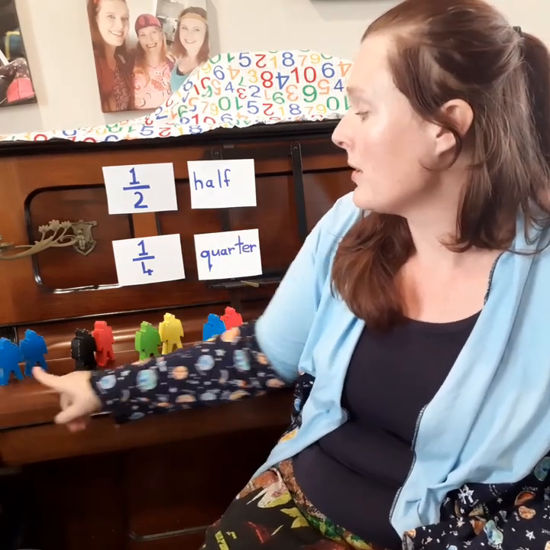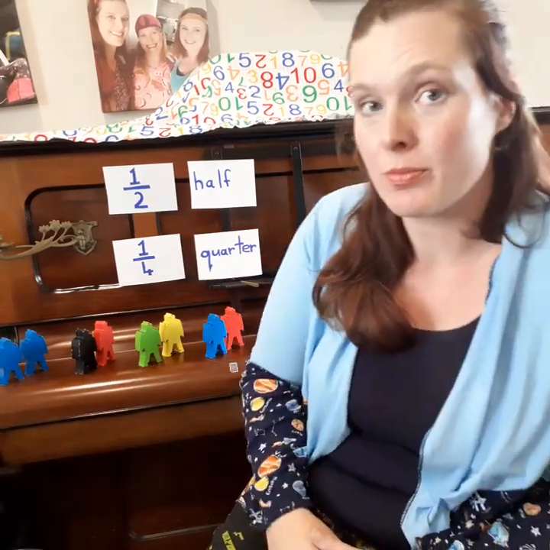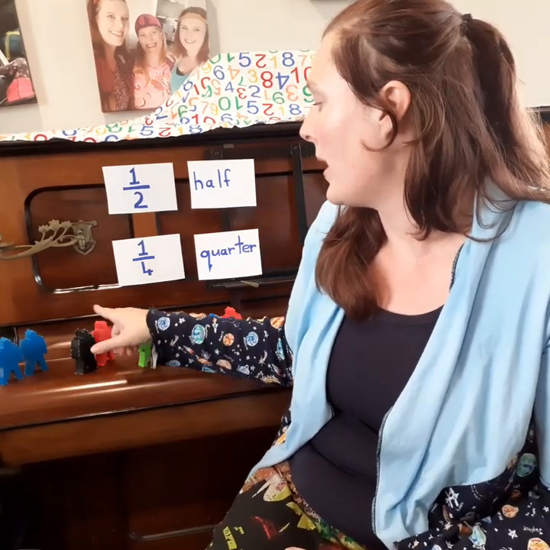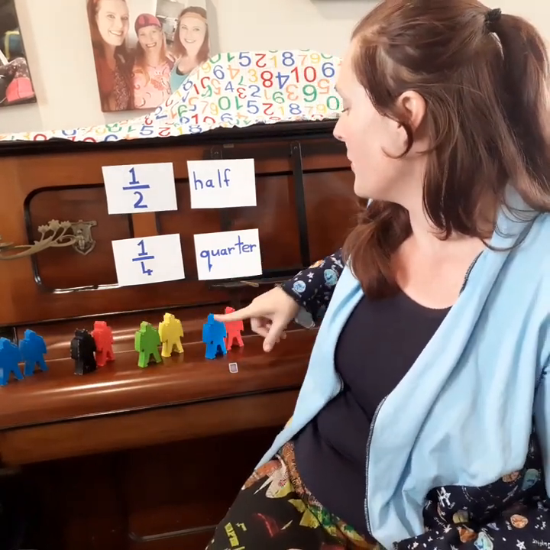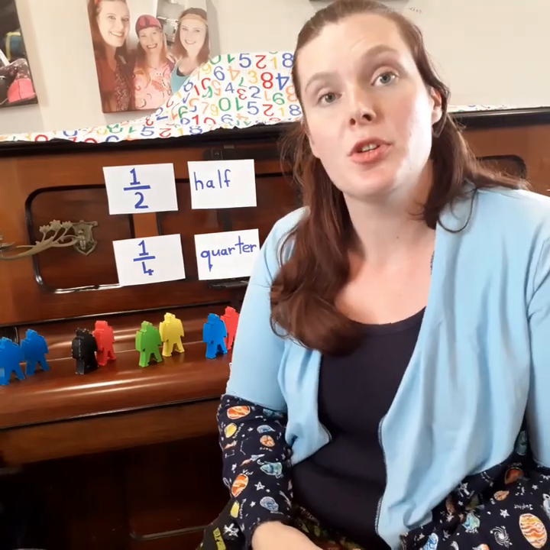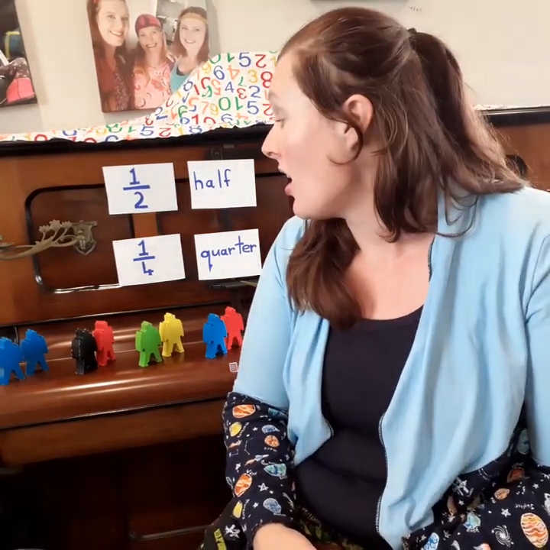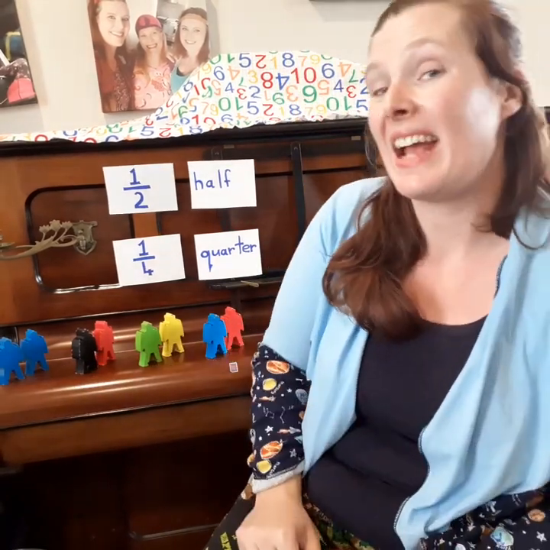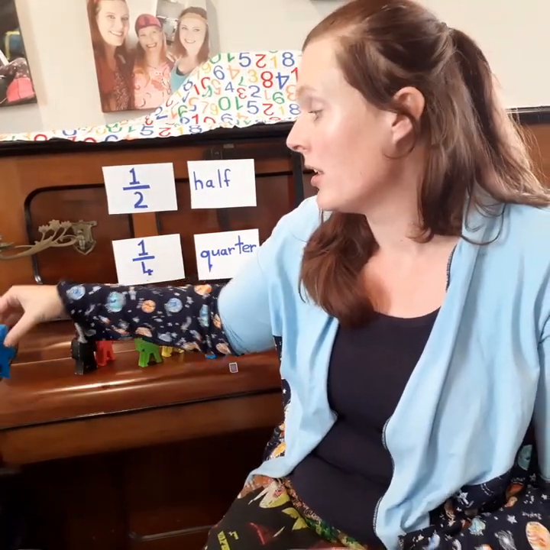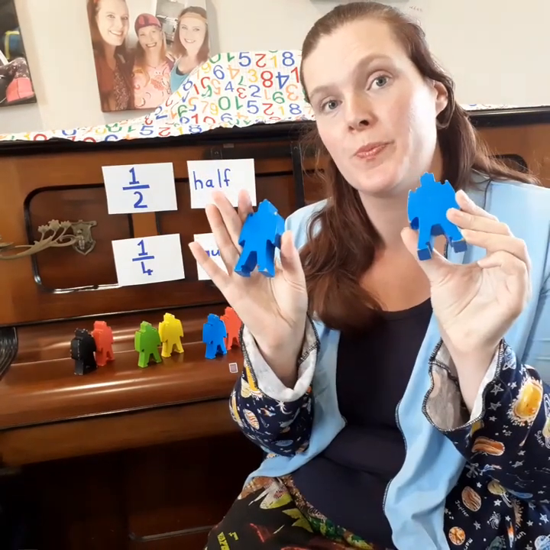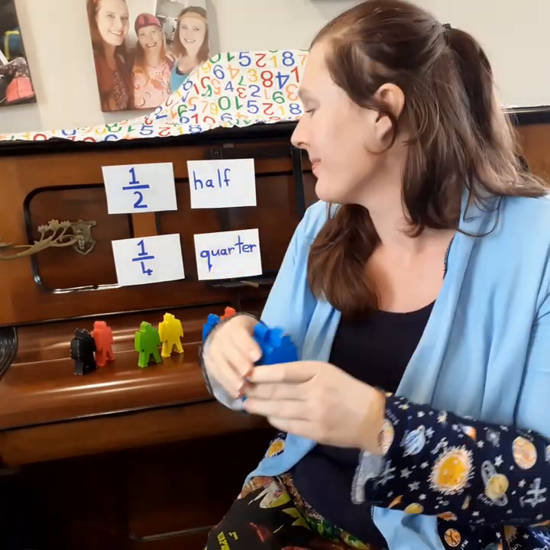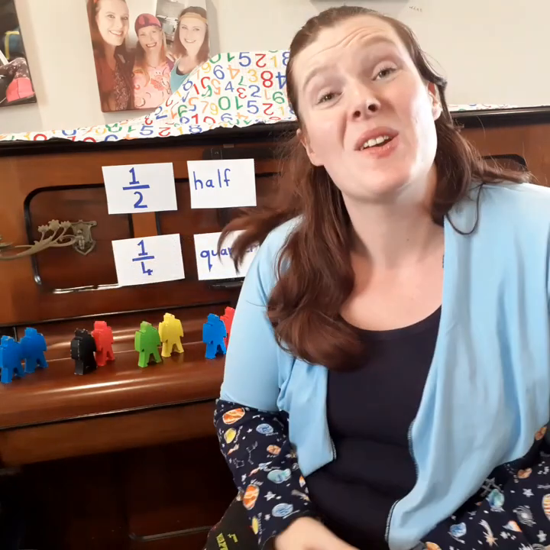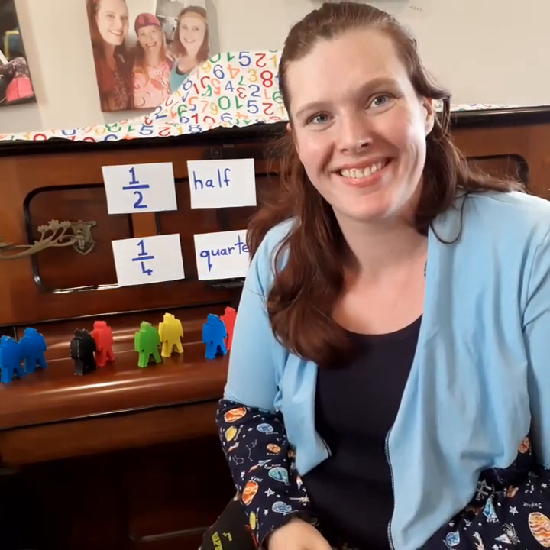So my 4 groups have all got 2 toys in them. So I then know that 1/4 of my 8 toys is 2. That was a lot of information, wasn't it?